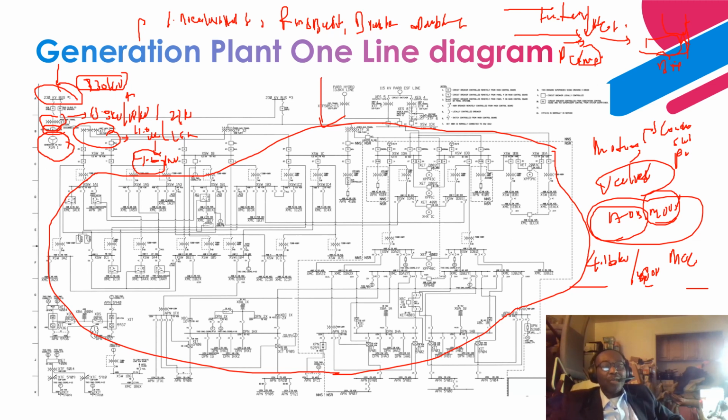So you can have a 115 kV transmission line that comes in, or a 230 kV transmission line that comes in.